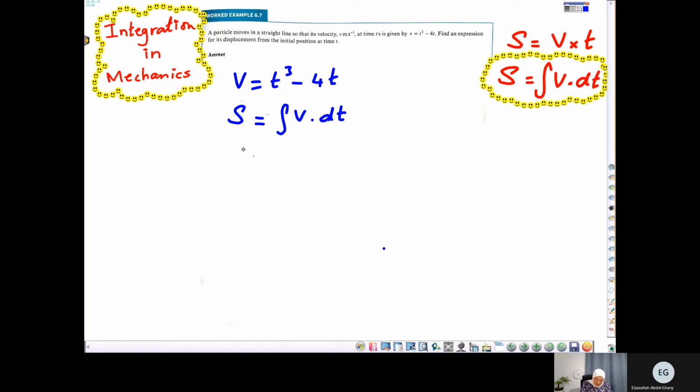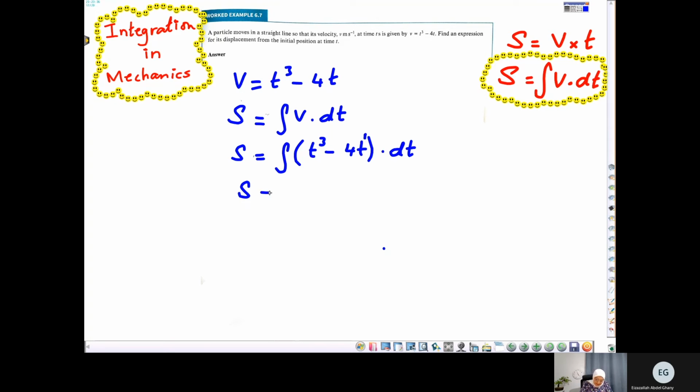The first method is S equals the integral, open brackets, t cubed minus 4t dt. This is an algebraic expression in terms of t, and here is t to the power of 1.